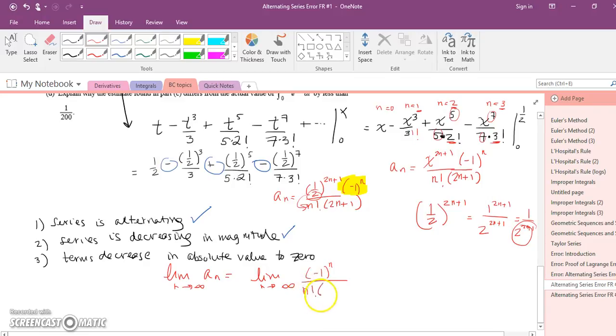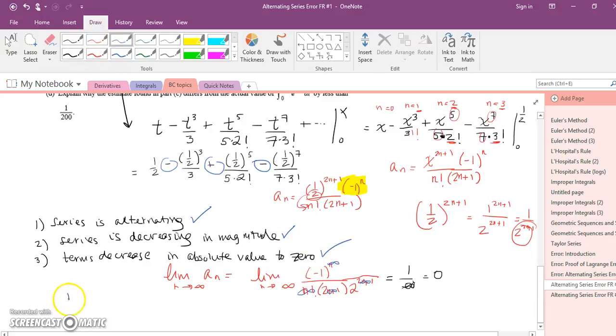So I have n factorial, 2n plus 1, and this guy, which I'm kicking into the denominator. Now, if I were to plug infinity in here, -1 to the infinity is going to be either 1 or -1. I'm dividing by infinity factorial times 2 times infinity times 2 to the infinity. So it's obviously going to be 1 over infinity, which is clearly going to 0 very quickly. So this is a check right here.